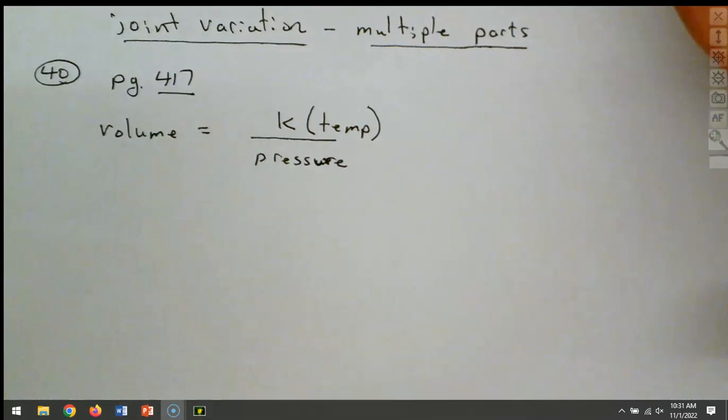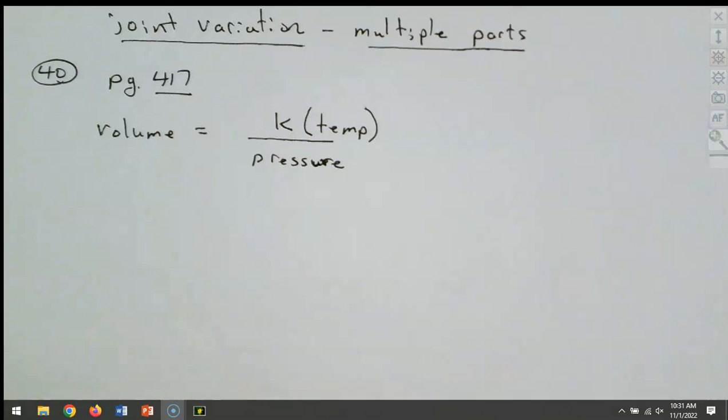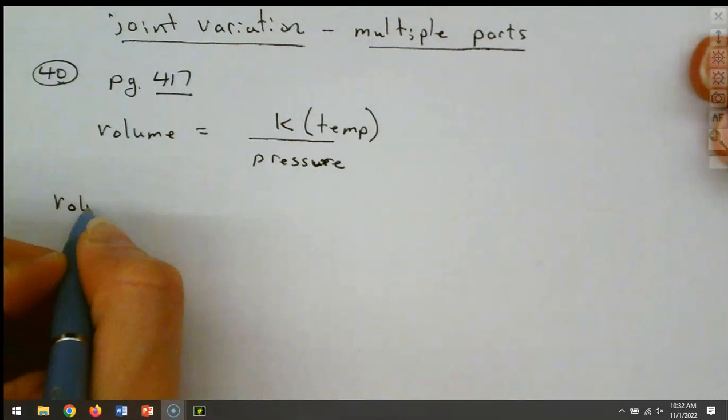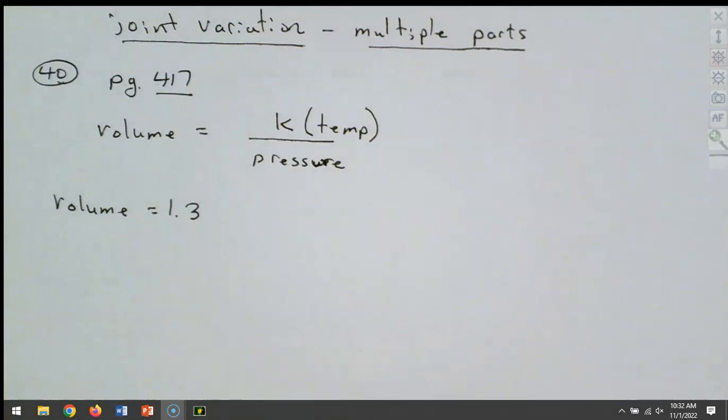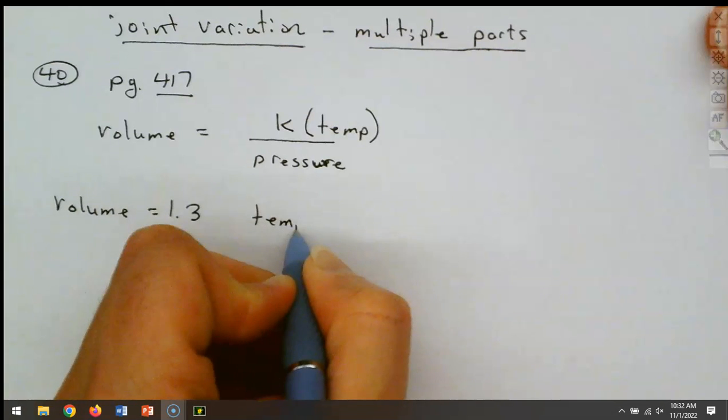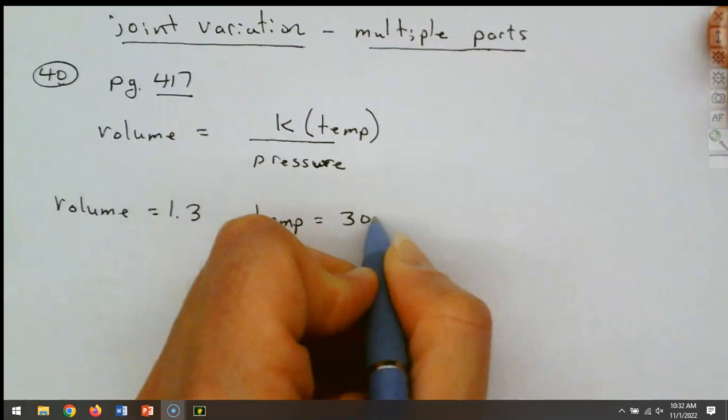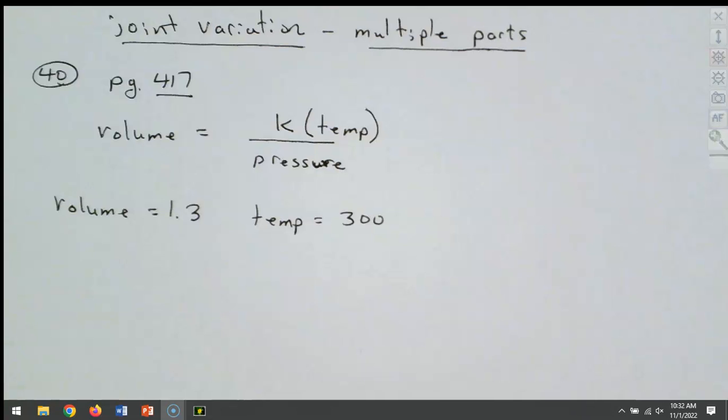Now we fill our parts in, and what do they give you here? It says if a certain gas occupies a volume of 1.3, at 300 K, so that's Kelvin, that's temperature. It has a pressure of 18 newtons.